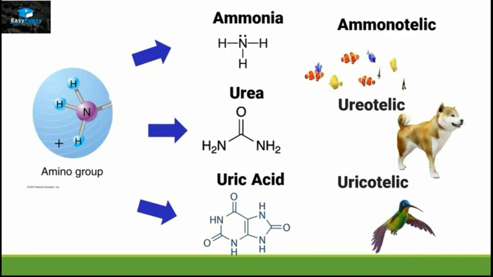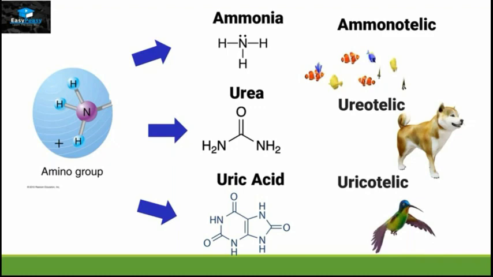Now, the first thing I want you to remember is that the receptor of this amino group from the amino acid is alpha ketoglutarate. And this alpha ketoglutarate will react with any form of amino acid to form glutamate and the resulting compound. For instance, I gave you two examples.